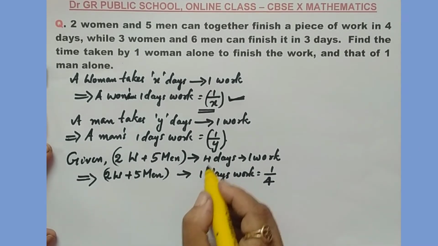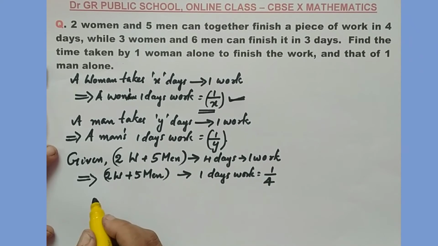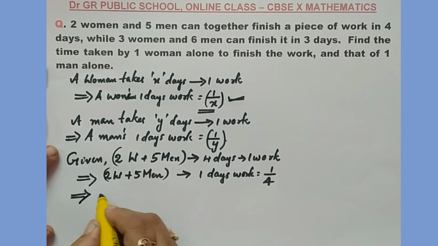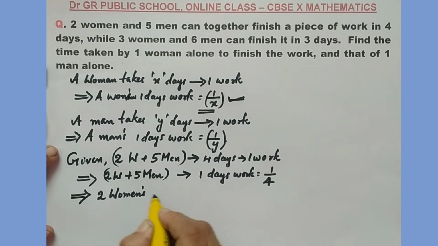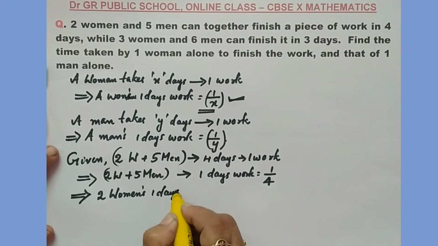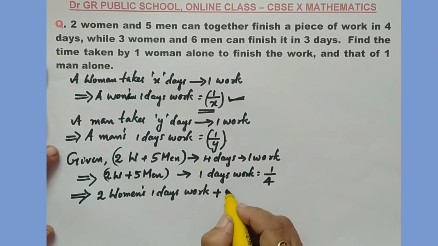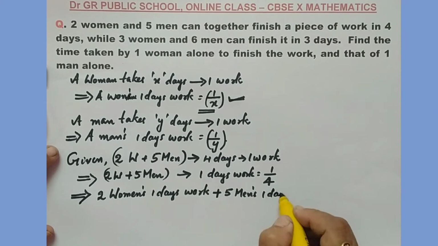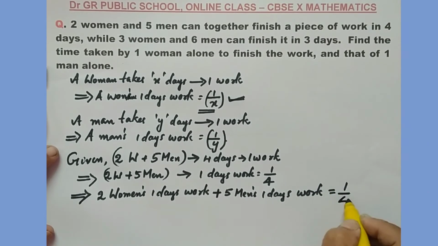Am I right? How does this 4 become 1? Dividing by 4, therefore the right side is 1 by 4. What this means is 2 women's 1 day's work plus 5 men's 1 day's work is given to us as 1 by 4.